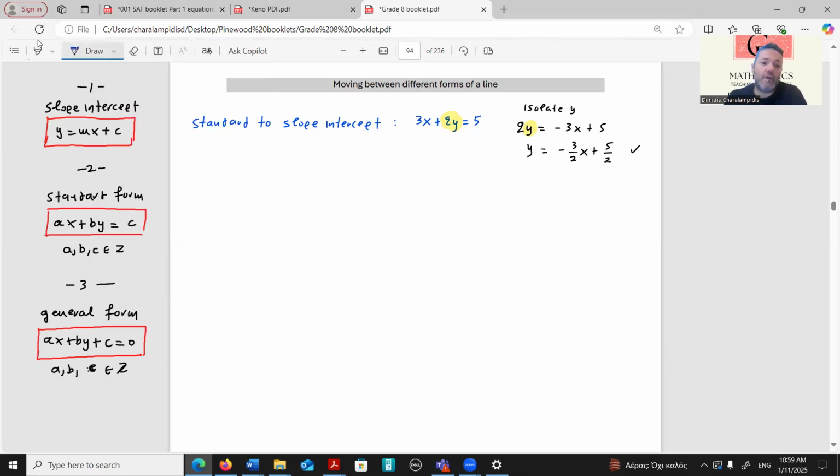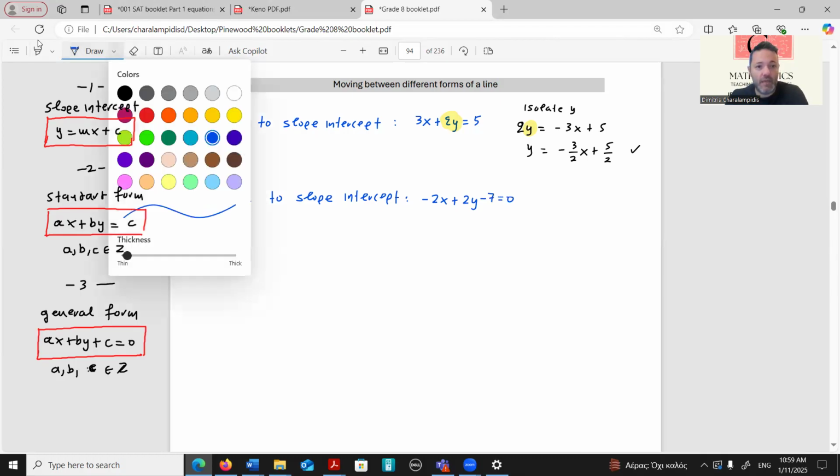Then, if I want to go from the general to the slope-intercept form, for instance, we have minus 2x plus 2y minus 7 equals 0.